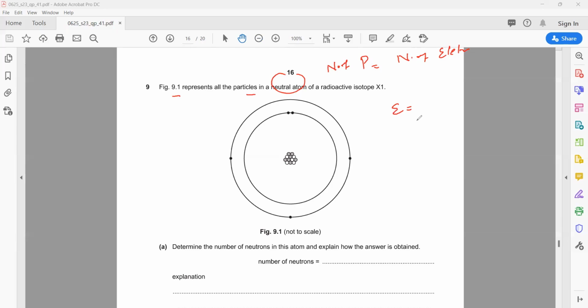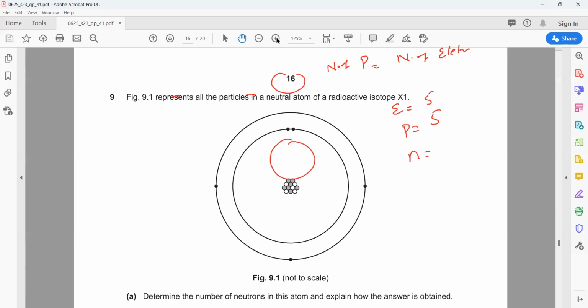5. So how many protons will be there? 5. How many neutrons will be there? The center is proton plus neutron. So if you see the center here, how many are there? 12.